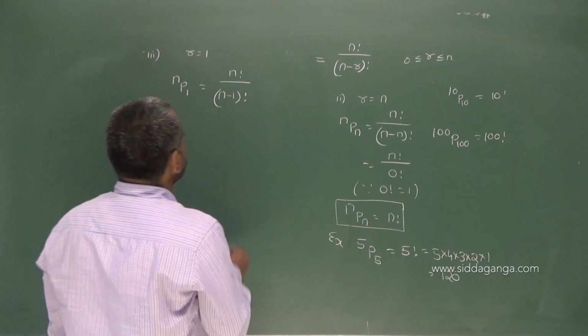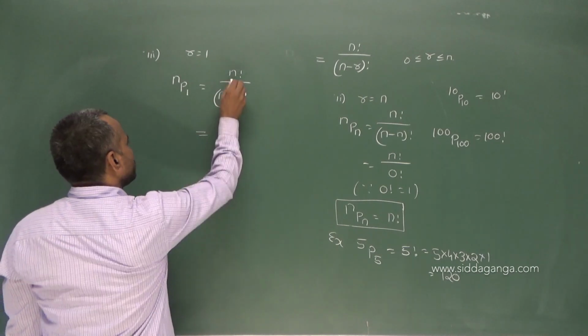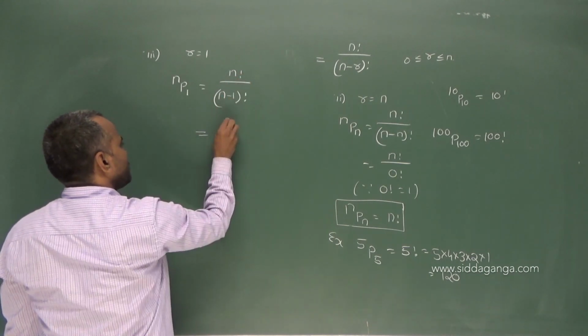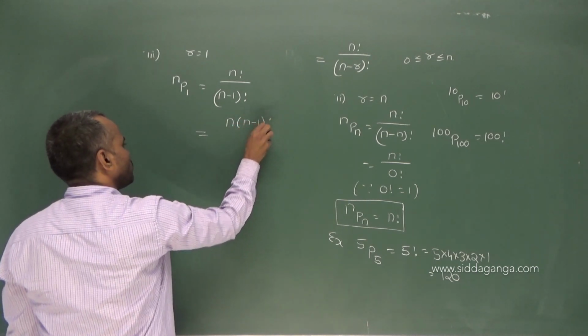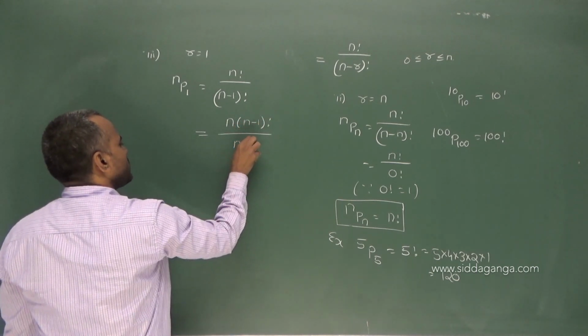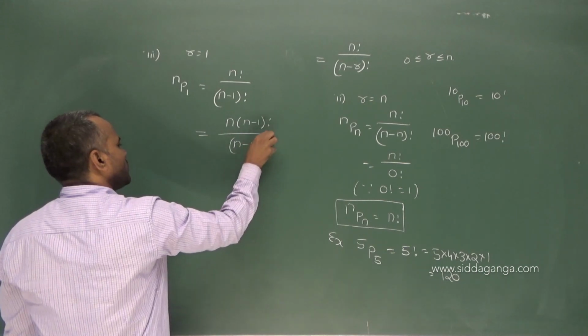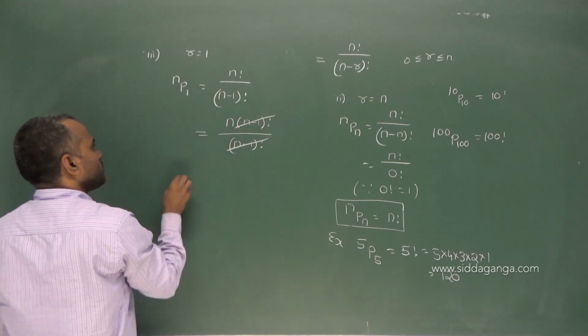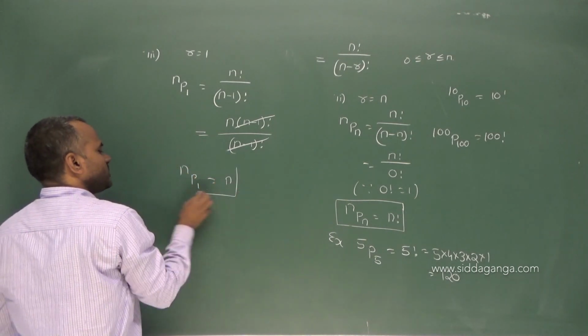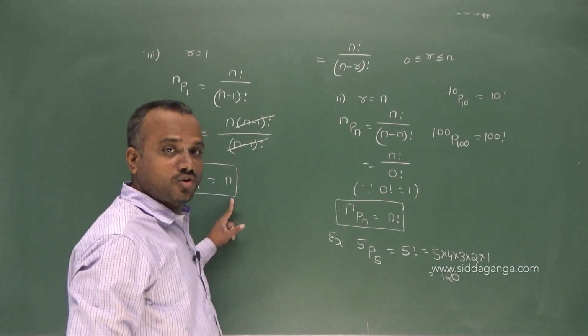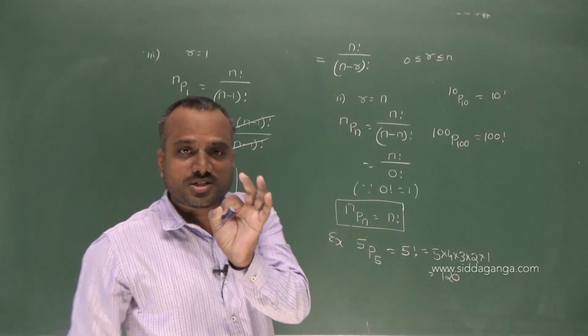Just last class I explained here: n factorial can be written as n into (n minus 1) factorial. So the denominator is (n minus 1) factorial, and (n minus 1) factorial cancels. Observe here, this is also a very important result. It is equal to n. It is not n factorial. It is equal to just n.